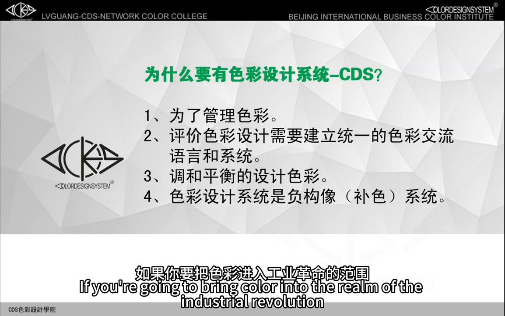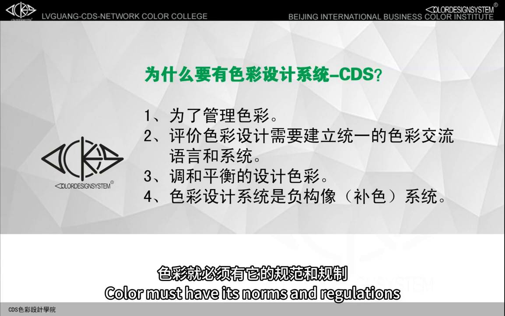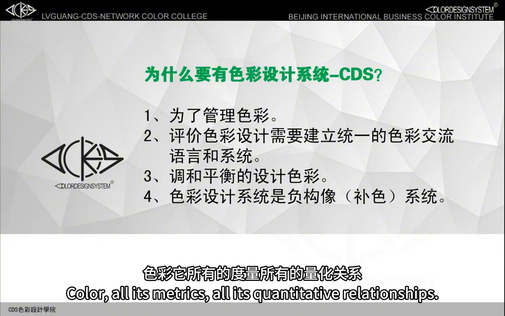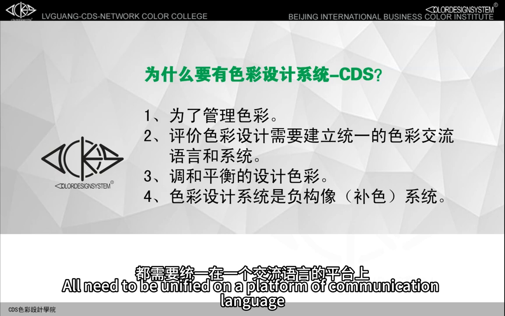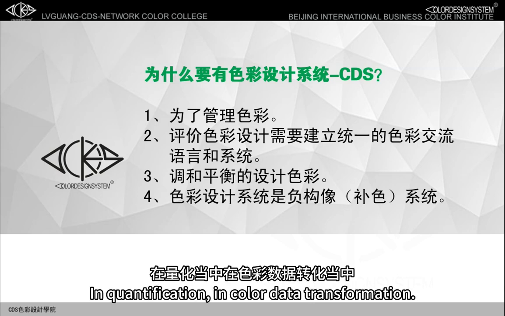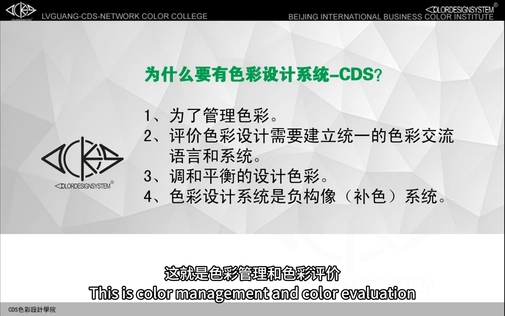If you're going to bring color into the realm of the Industrial Revolution, a very important project, color must have its norms and regulations. All its metrics, all its quantitative relationships, all need to be unified on a platform of communication language. This color is used in the industrial production process, in quantification, in color data transformation, to achieve consistency. This is color management and color evaluation.